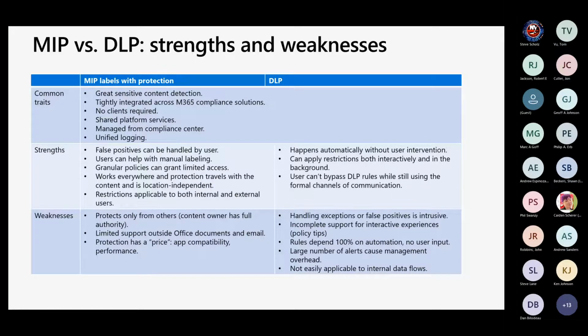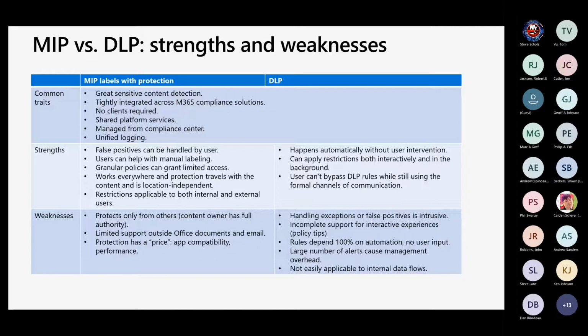So when we jump onto the common traits here, the cool thing I say is that you have, of course, the sensitive content detection, right? We have more than 100 built-in information types, and then, of course, you have the ability to create your own information type depending on your environment as well.